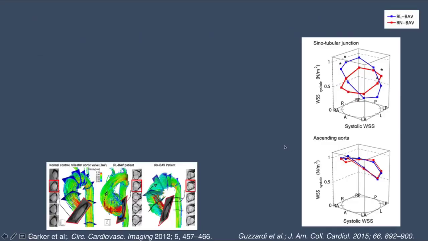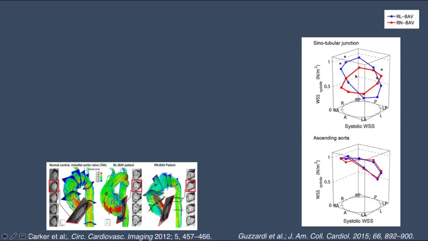Well, using 4D MRI, they were able to, and I'm not really sure, there's a lot of complex physics involved, but they were able to figure out the wall shear stress in the aorta. And what they found was those individuals with a right-left coronary cusp fusion with this right-handed helical flow pattern tended to have increased wall shear stress at the aortic root, at the sinotubular junction, compared to those with a right non-coronary cusp fusion.